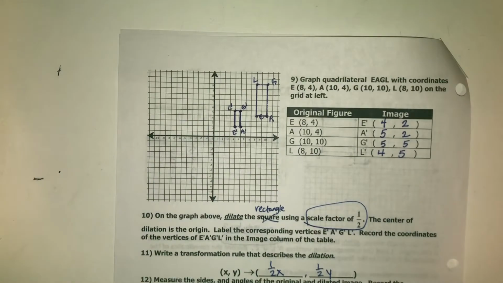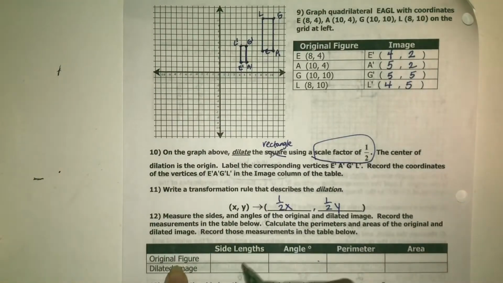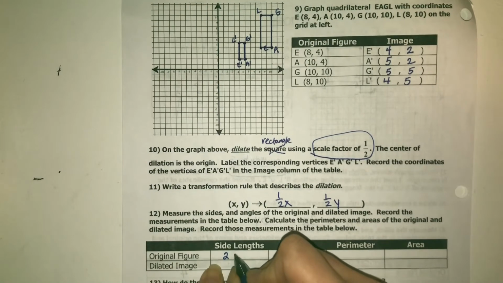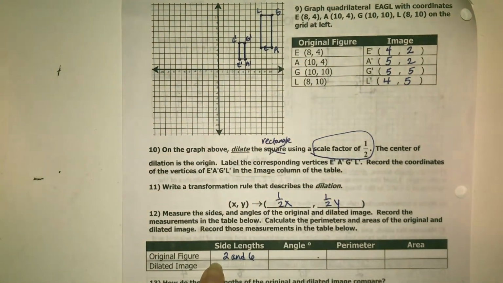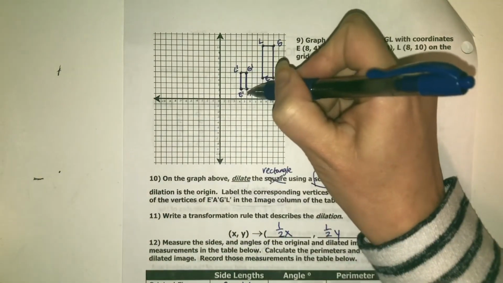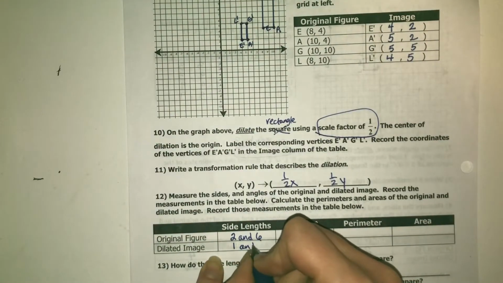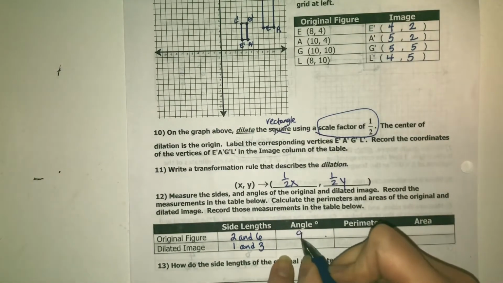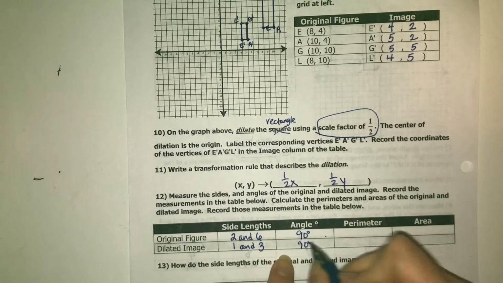So it's 2 by 6. 2 and 6 are the side lengths. Now the dilated image has a bottom side of 1 and a right side of 3. So 1 and 3. The angles are all 90-degree angles in both shapes. So 90 and 90, that didn't change.